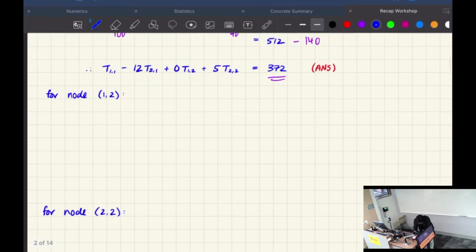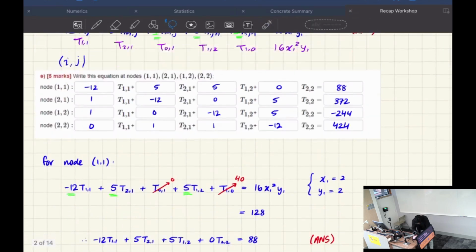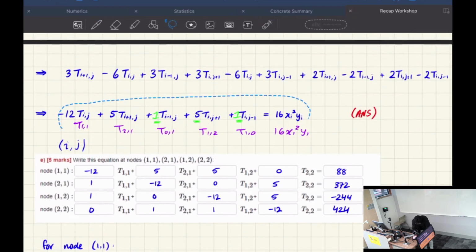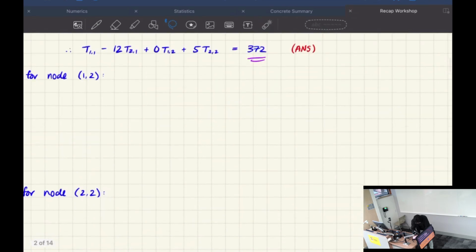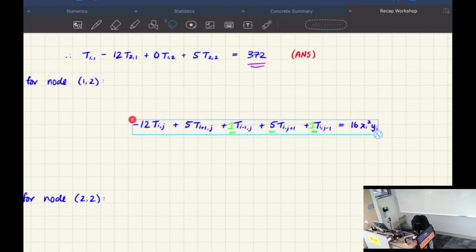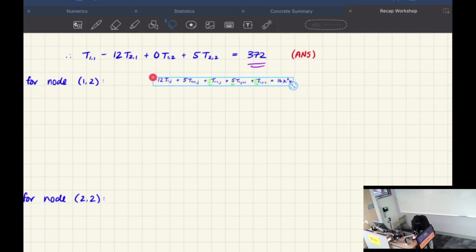Okay. So for node (1,2), let me quickly pull out the equation. Let's drop it over here.